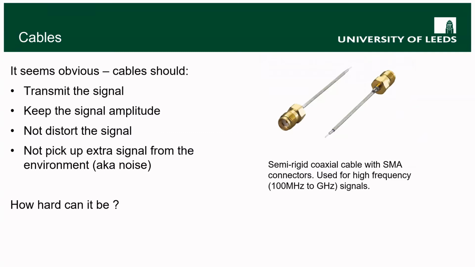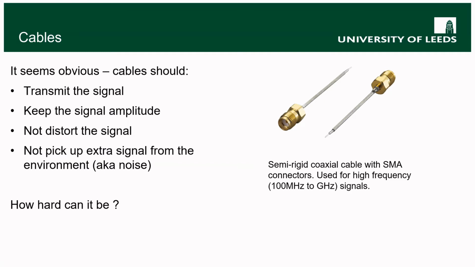And then the final set of cables I want to talk about here are the semi-rigid coaxial cables. These come with what are called SMA connectors. These are physically smaller than a BNC, but they've got the same pattern: a central conductor, insulation, an outer conductor, and then some sort of sheathing, and they terminate in these screw fittings.